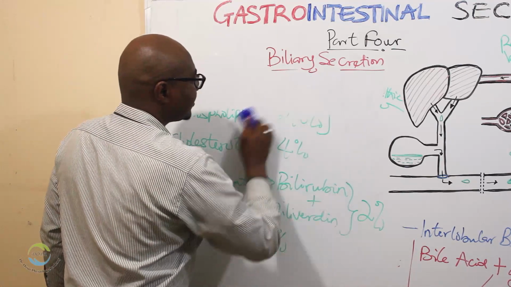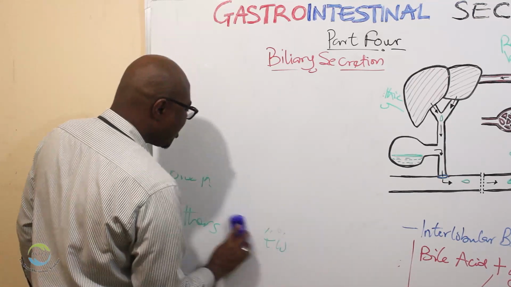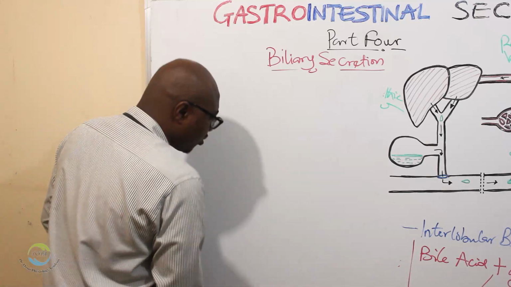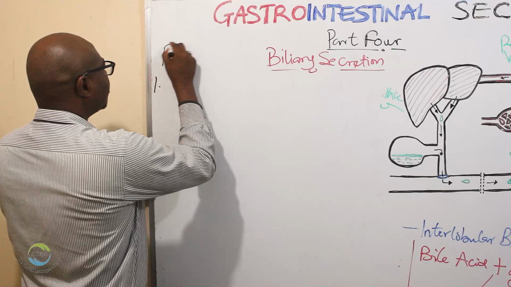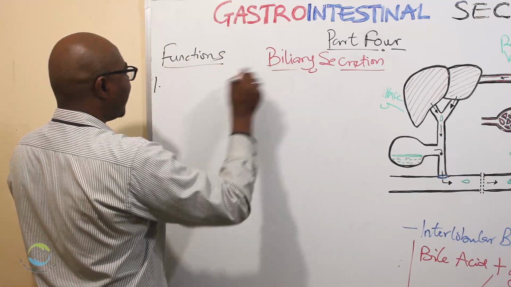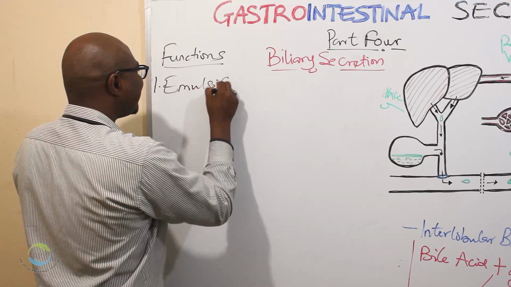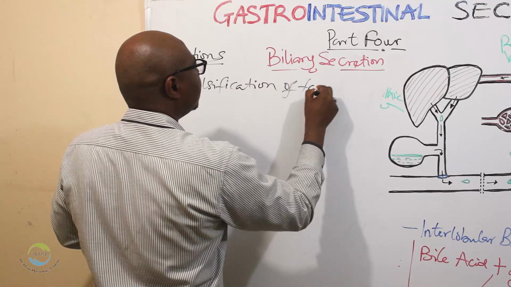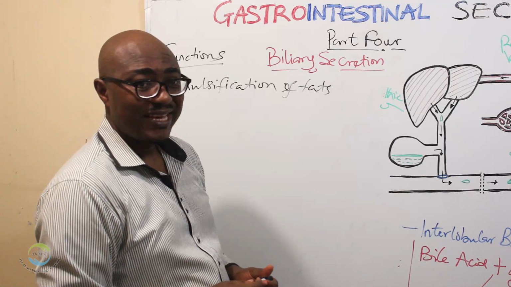Number one function is that it helps in emulsification of fats. Functions of bile secretion. It helps in emulsification. This is a big word. Wow, what do we mean by this big word that we've mentioned?